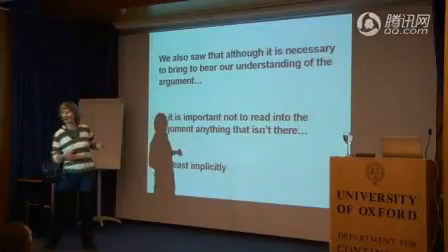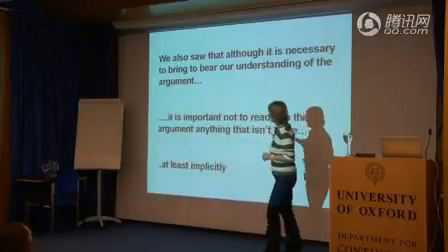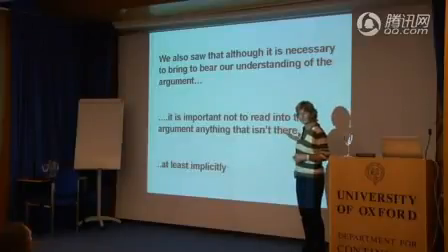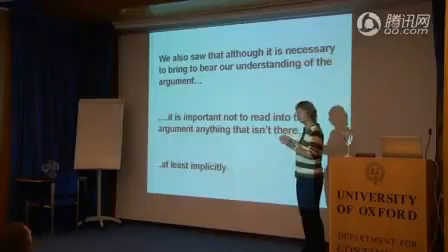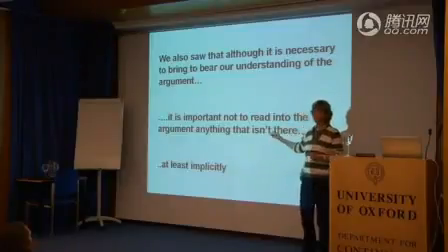So we have to bring to bear our understanding of the argument and what follows from that. But don't read into the argument anything that isn't actually there. If a suppressed premise is there, it's usually pretty clear that that's a suppressed premise of the argument. It's a premise that ought to be there, but isn't. So all you're doing is making explicit something that's already there implicitly.